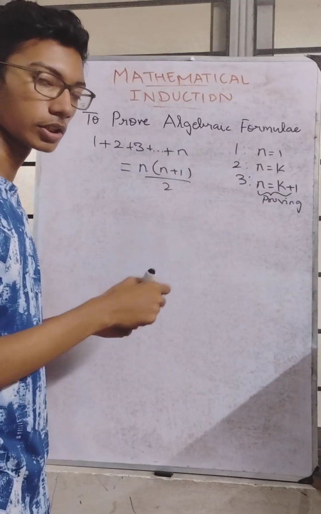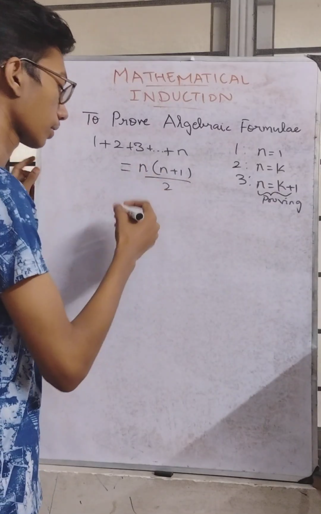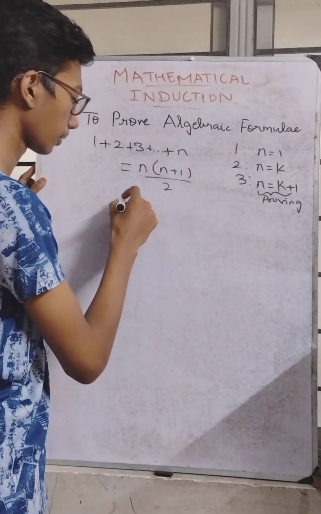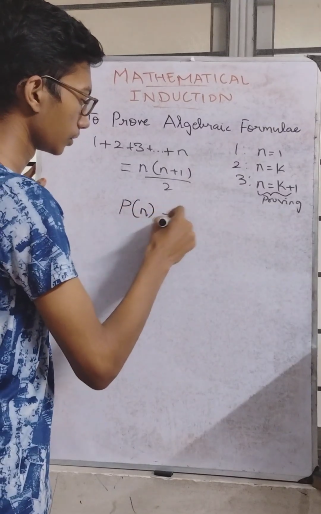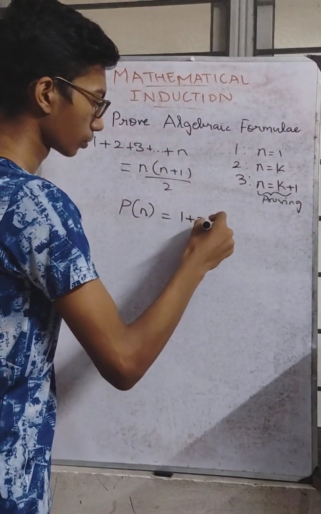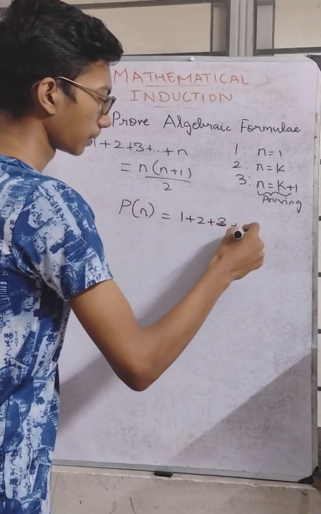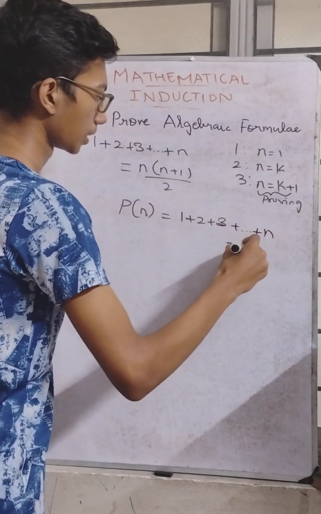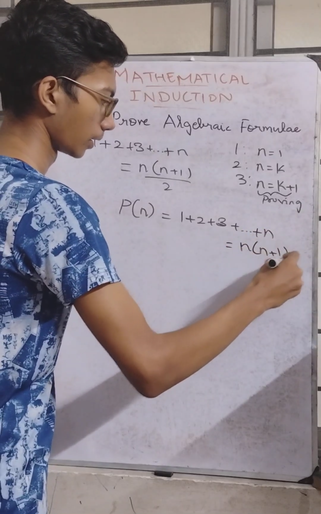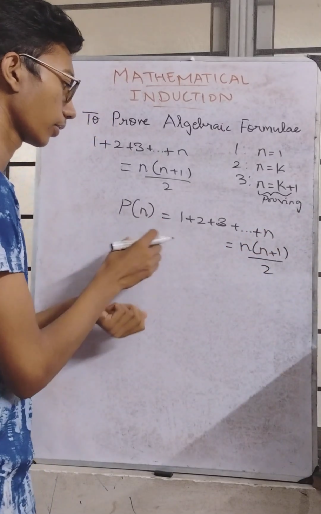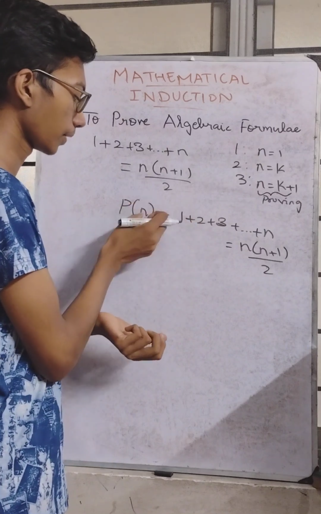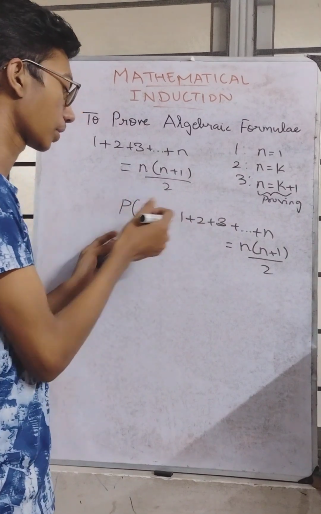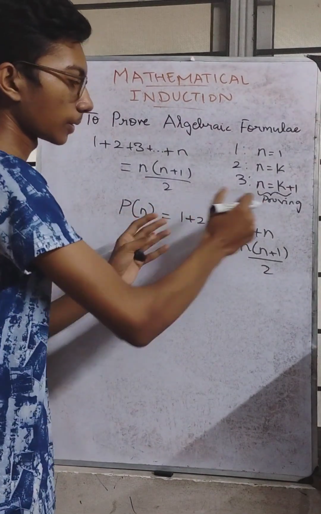So how we will prove that is, first we need to denote P of n is equal to 1 plus 2 plus 3 plus up to plus n is equal to n of n plus 1 by 2. So this is what we have to do. So here P of n is like a function. So P of n gives 1 plus up to n terms.